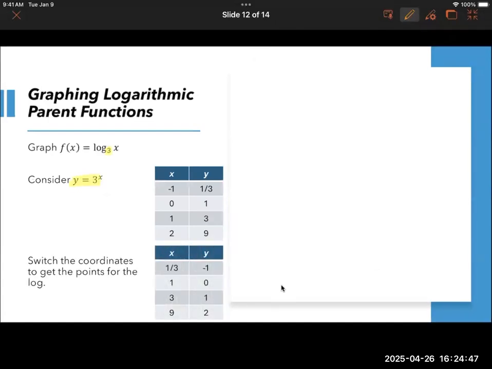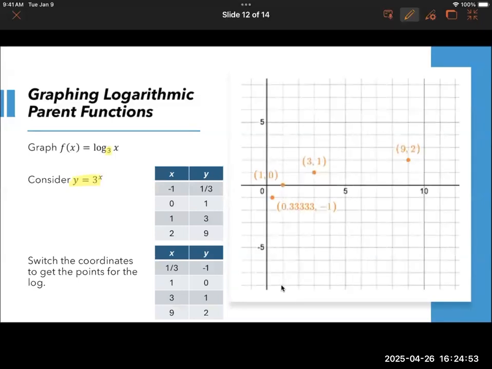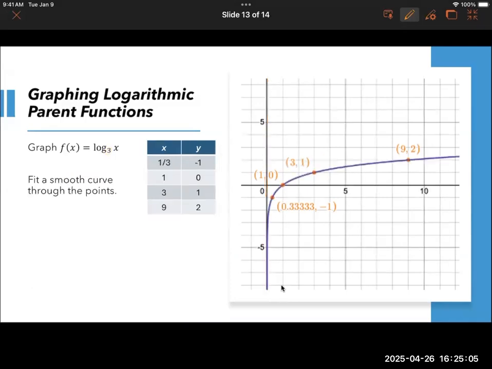Then switch those coordinates to get the logarithmic points that you need. From there, you can plot those points. And then keeping in mind that you have a vertical asymptote now on your y-axis, you will fit in your smooth curve among the points and curving into your vertical asymptote.